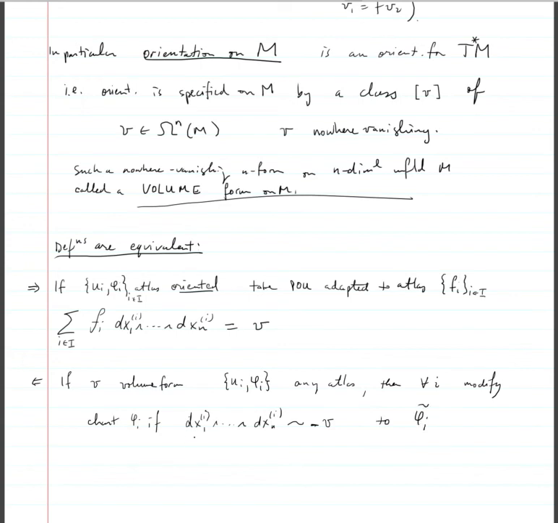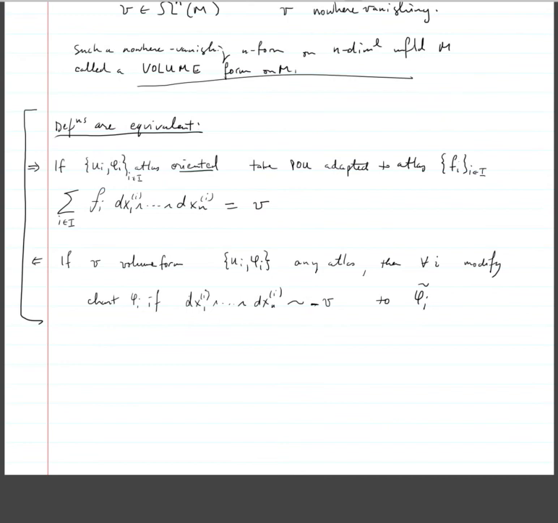If the standard volume form is equivalent to V, then we don't need to do anything to it. So you just scan through the atlas and you flip the coordinates of those charts which disagree with V. So that's showing you that these two definitions are really the same idea.